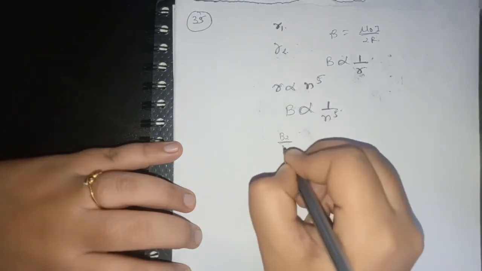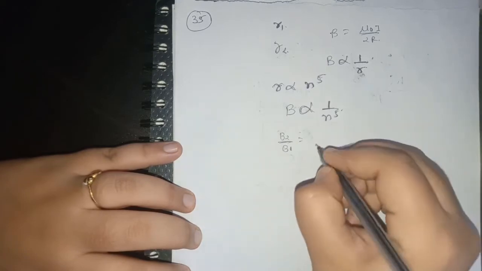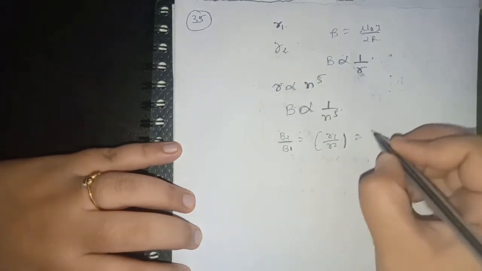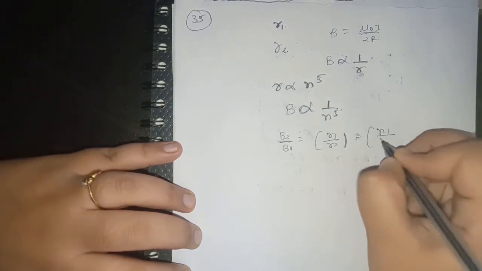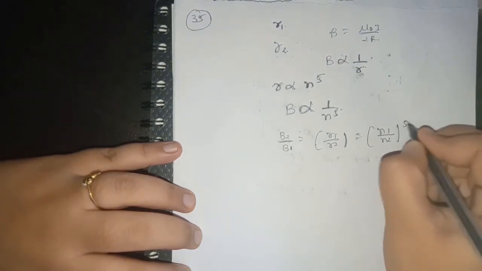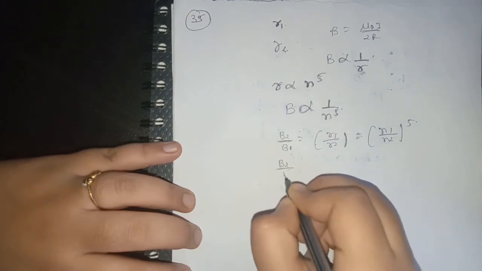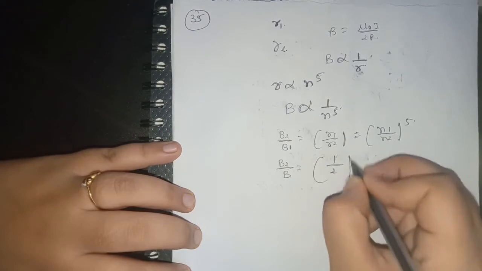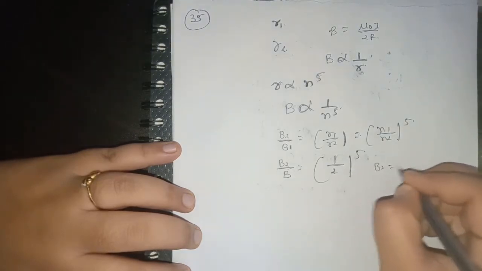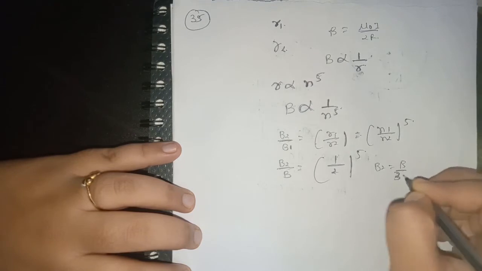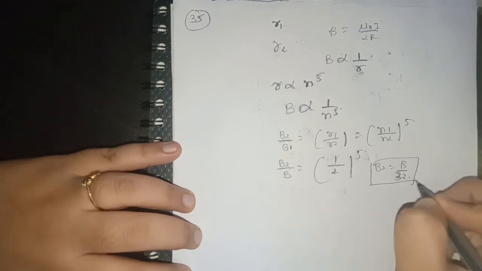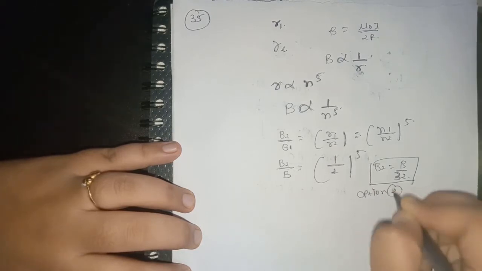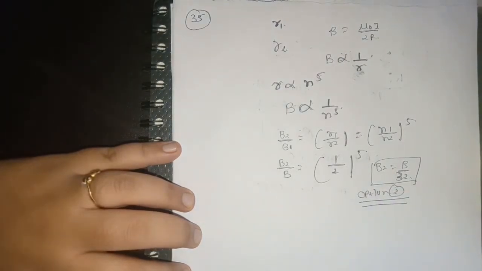So B2 by B1 is equal to R1 by R2 is equal to N1 by N2 whole power 5. Here B2 by B is equal to N1 is 1 and N2 is 2 whole power 5. So B2 is equal to B divided by 2 power 5, that is 32. So option 2 is correct option.